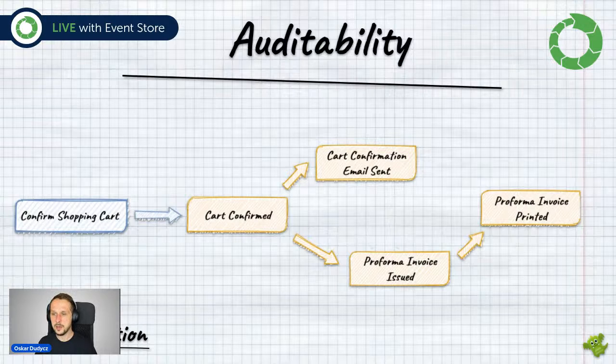For the card confirmation email sent and proforma invoice issued, we can store as a causation ID the ID of the card confirmed event. And for the proforma invoice printed event, we can store as a causation ID the previous event that caused that one, the ID of proforma invoice issued.